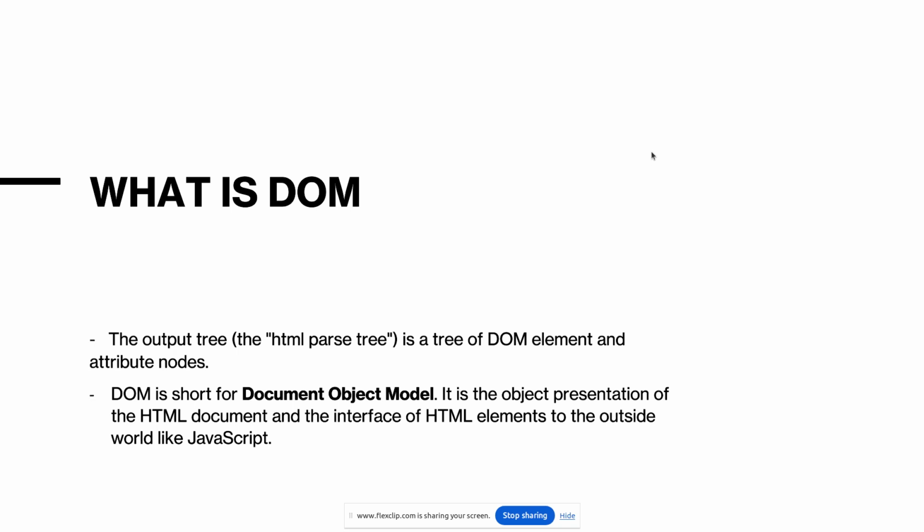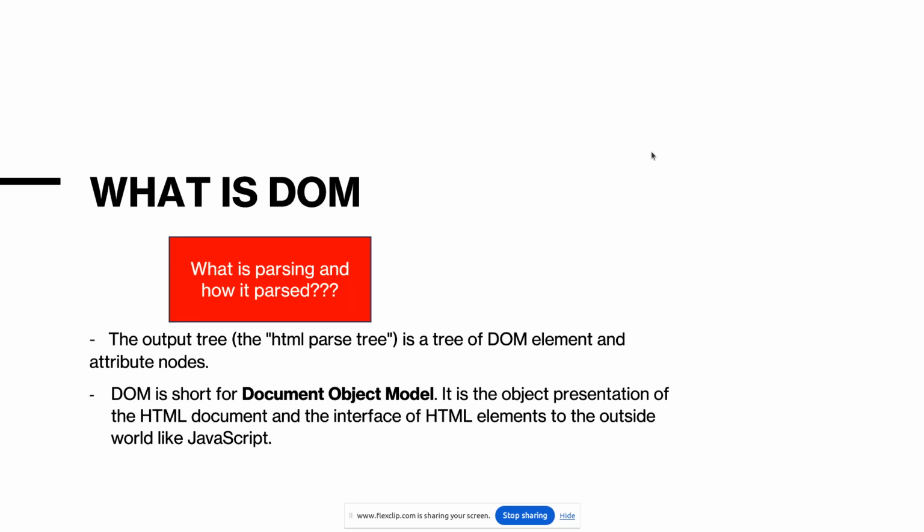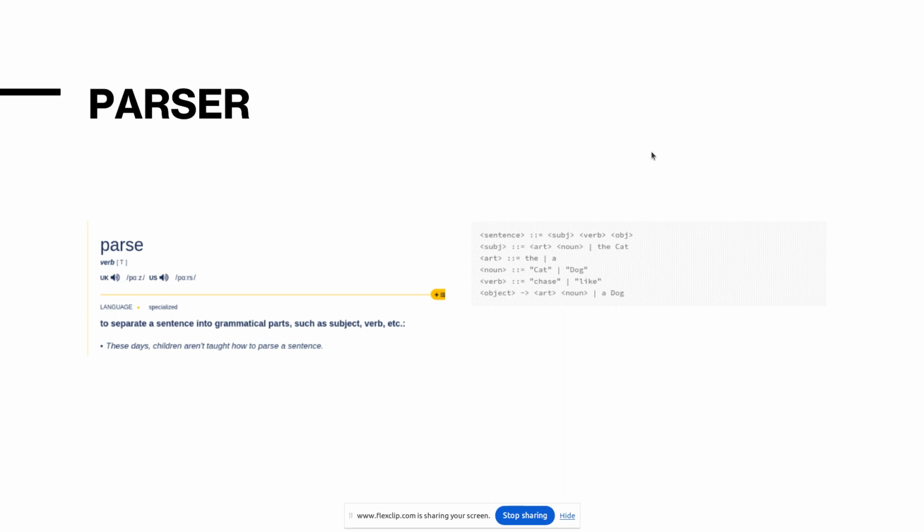So we just talked about how HTML is parsed and creates the DOM tree, right? But what is parsing and how is it parsed? The meaning of parse is to separate a sentence into grammatical parts, such as subject or verb. For example, in our language there's a sentence, and a sentence usually consists of a subject, verb, and object.